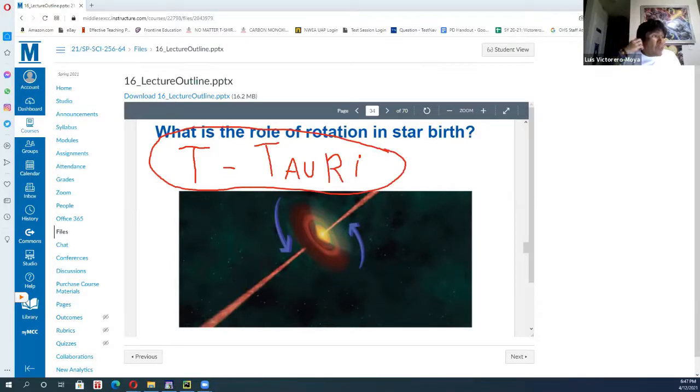This happens due to the rotation in starbirth. As the protostar is shrinking, remember that we are in a 3D space. So you have to imagine a cloud in 3D space.